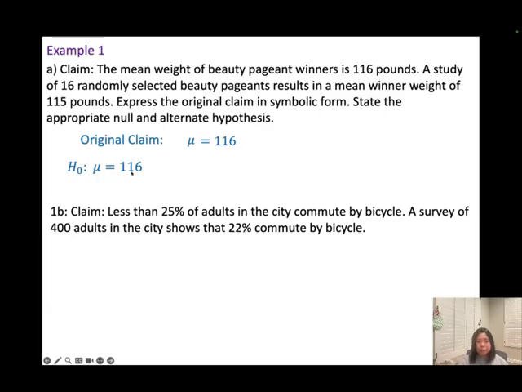That will always be opposite to your null hypothesis. When this is equal, then your alternate hypothesis will be not equal to. Then which tail test will we be using? Left tail, right tail, or two tail? Looking at the alternate hypothesis, not equal to, so that will be a two tail test.